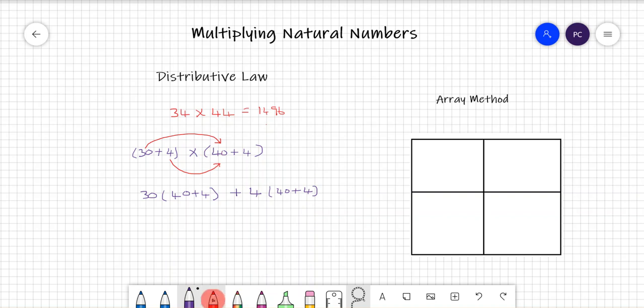Now we take 30 and multiply it by this and by this, then take 4 and multiply it by this and by this.